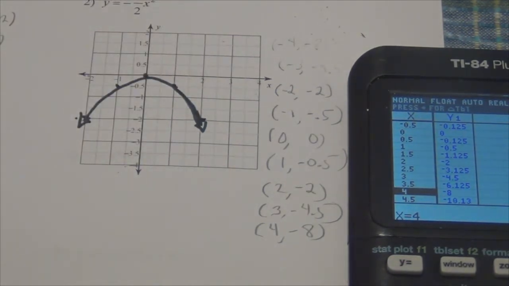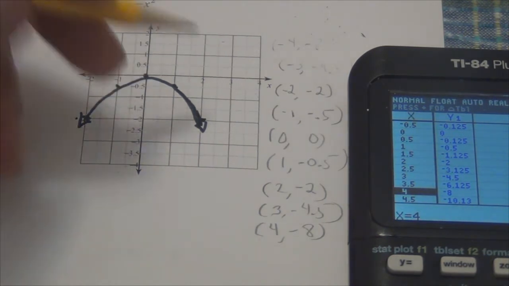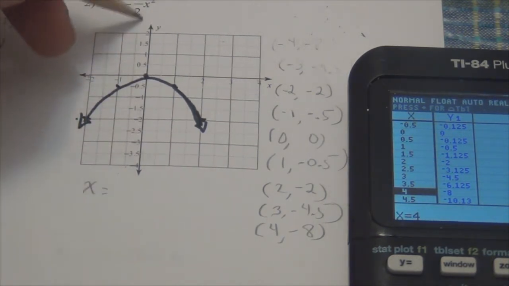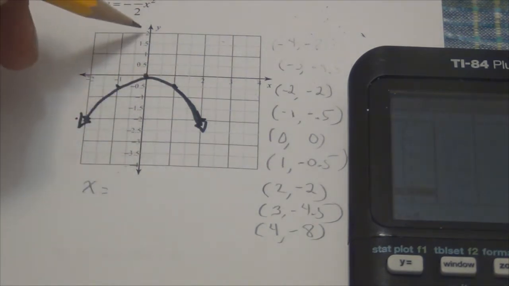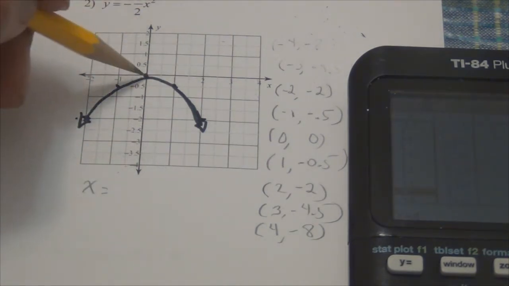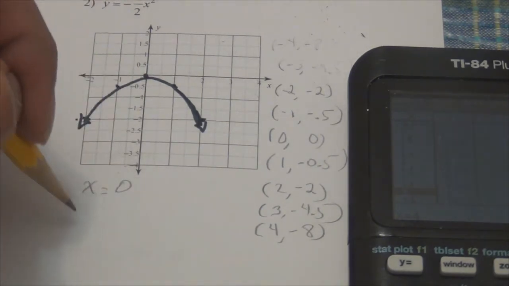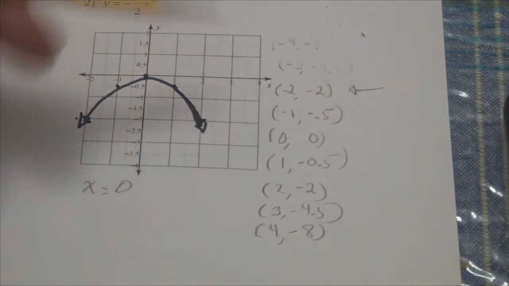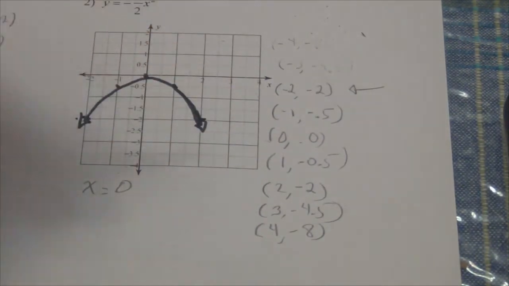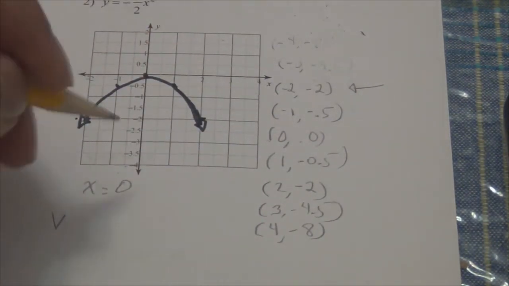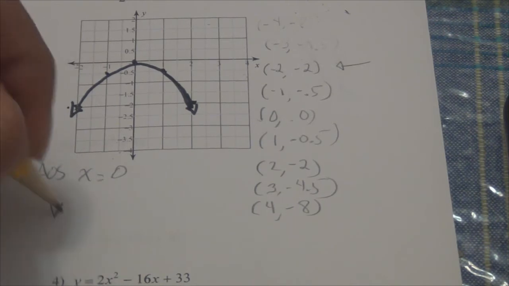All right, so once again, the axis of symmetry is what divides the parabola in half. So here it will be 0, where x is 0, and the vertex, which you could see at plain sight, is 0, 0.